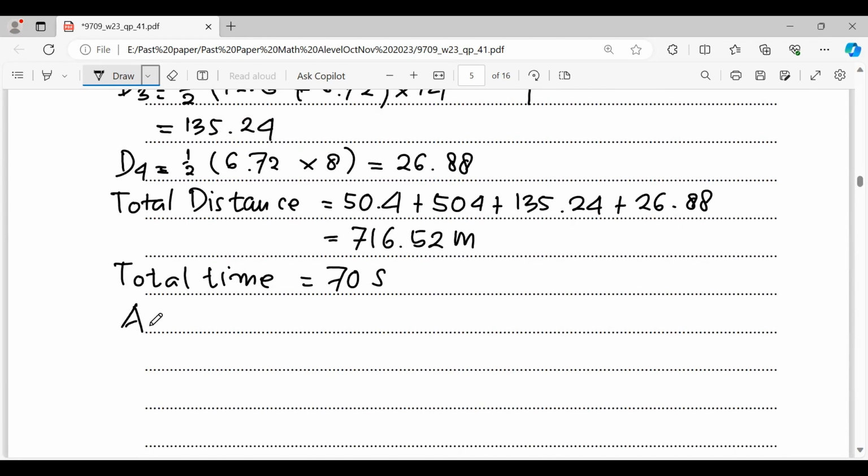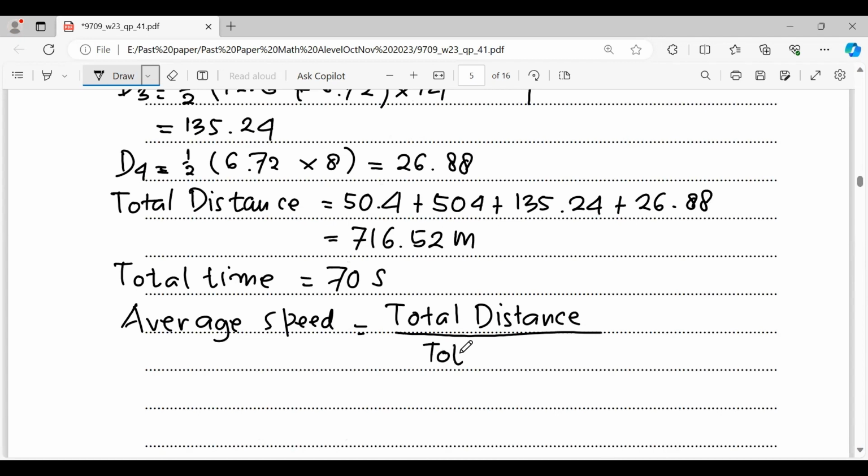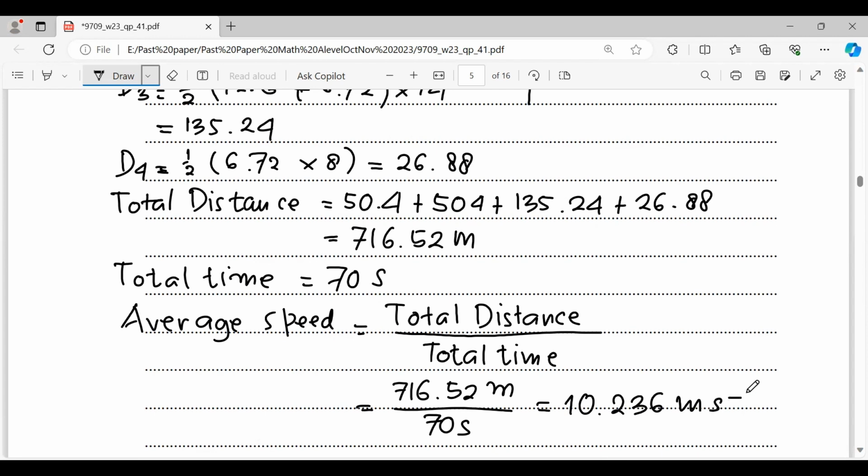So average speed equals total distance over total time. 716.52 meters over 70 seconds is 10.236 meters per second.